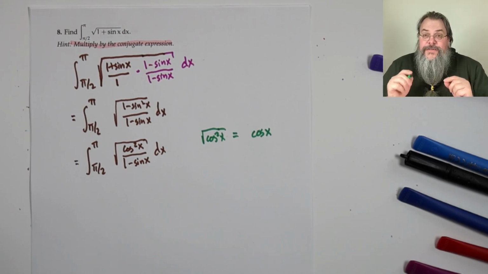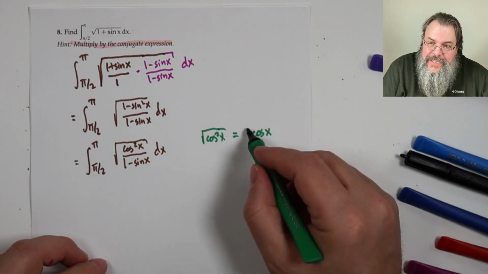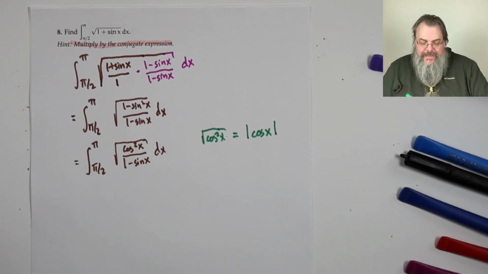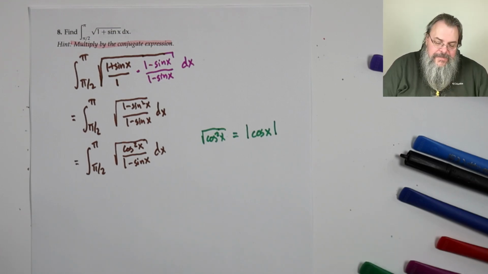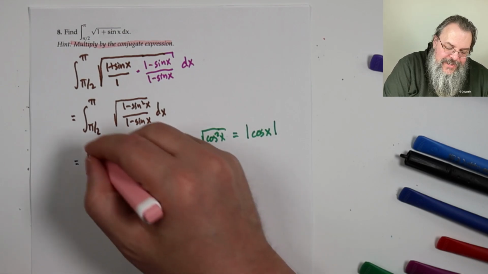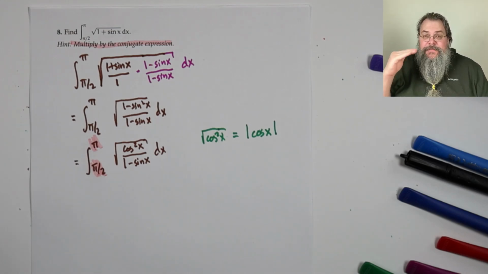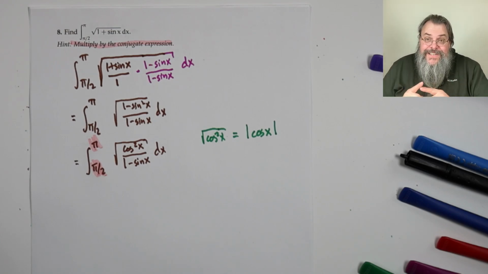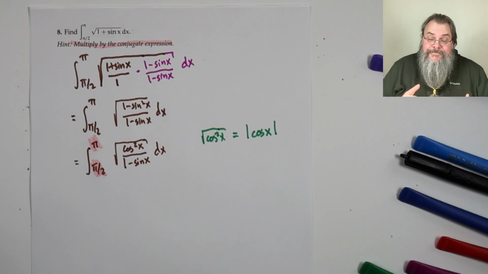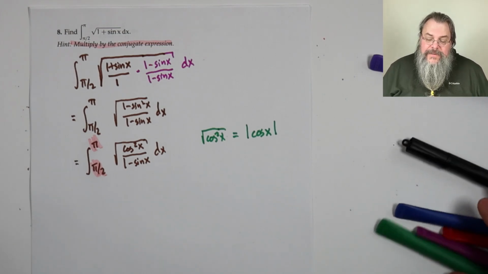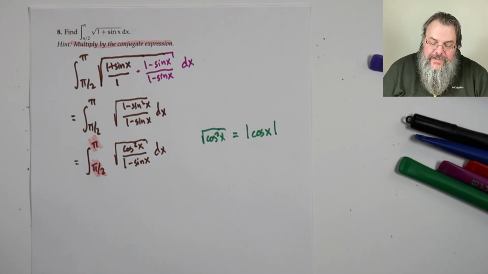So let's explain what's going on. When we take the square root of a square, you don't actually get the function back. You get the absolute value of the function back. Now look at our range, pi halves to pi. Between pi halves and pi, what's true about cosine? Cosine is negative. So if cosine is negative, what's true about the absolute value of cosine of x?